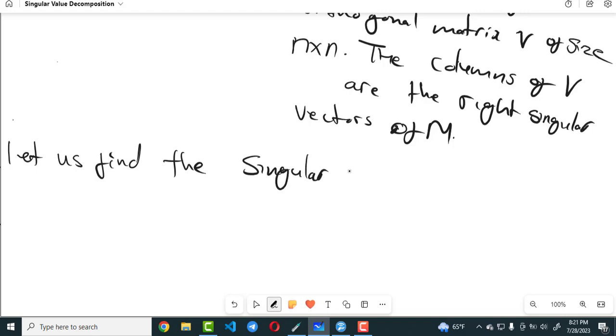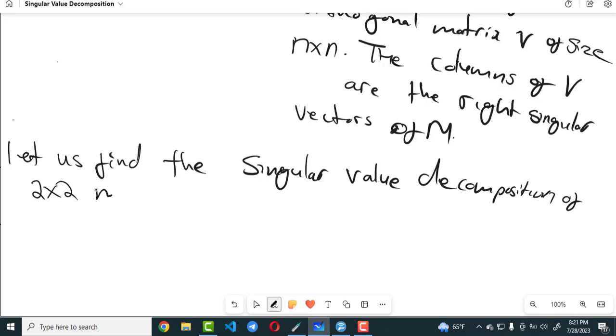So we are creating a question. Let us find the singular value decomposition of a 2 by 2 matrix.